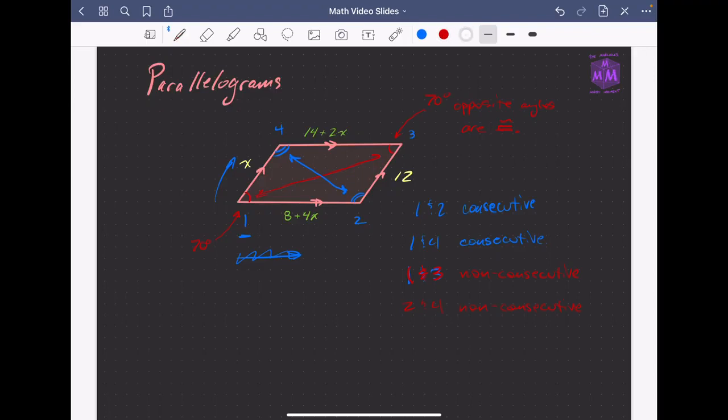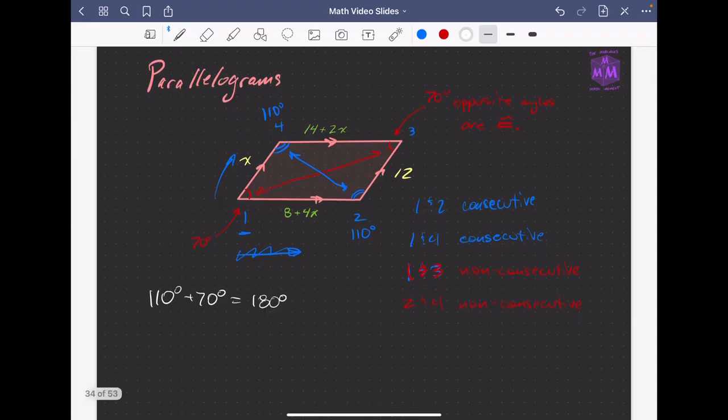There's another phenomenon here with our angles. If angle 1 is 70 degrees, angle 2 is actually 110, and that means angle 4 is 110. If I take 110 plus 70, I get 180 degrees. So consecutive angles are supplementary in a parallelogram.